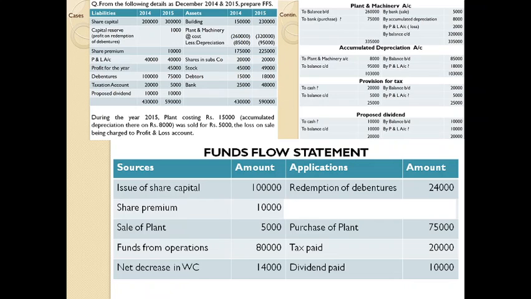Here the difference in debentures was 25,000, and 1,000 is a gain while repaying the loan, which means you paid less. You paid 1,000 less, so 25,000 is not the redemption of debentures. Here it is 24,000. So you have to be very cautious while dealing with such questions.